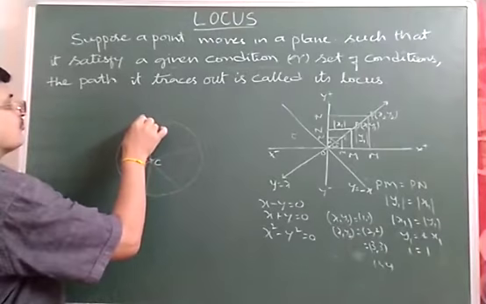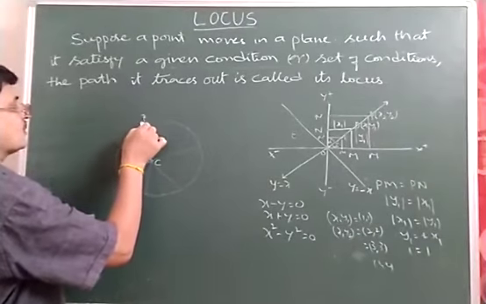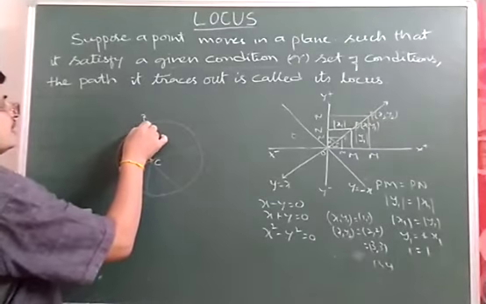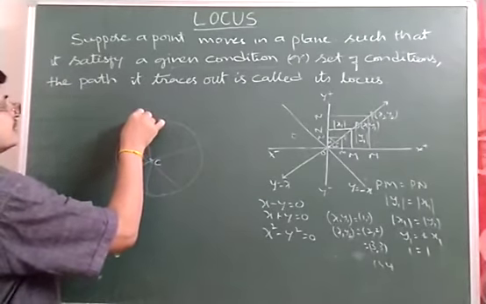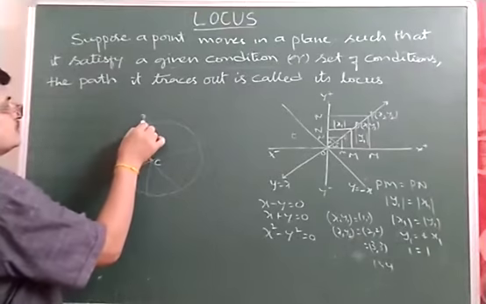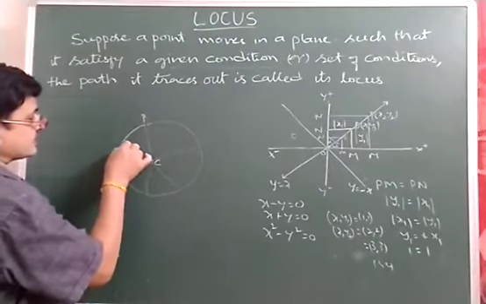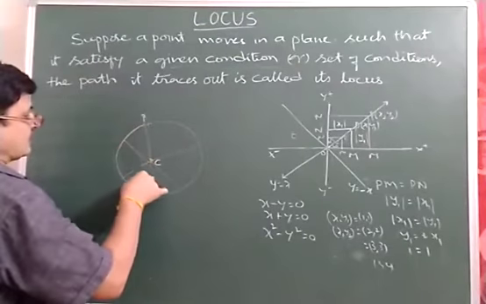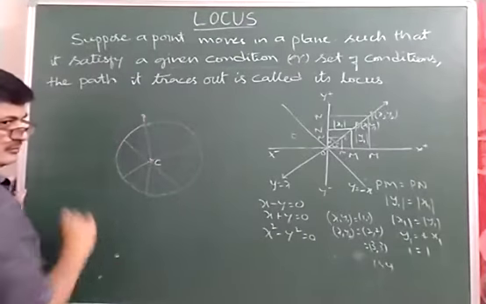The path is nothing but the locus of a point. Locus is the path of a point. Here the point P is a variable point which moves in a plane such that its distance from the fixed point is always constant. The path of the point is called a circle.